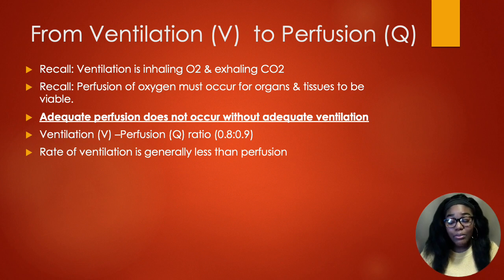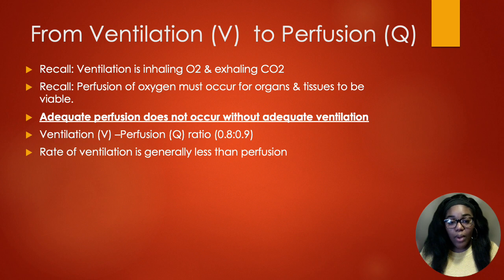There's always going to be a little bit of a variance there. So again, 0.8 ventilation to 0.9 perfusion respectively. And if you see anything with V, that means ventilation. And if you see anything with Q, that means perfusion.